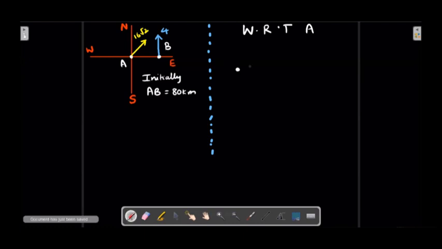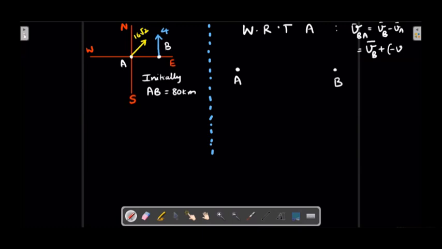So this is the position A, this is your position B. Now with respect to A, velocity of B with respect to A is equal to velocity of B minus velocity of A, all bars obviously on top, which is also equal to velocity of B bar plus negative vector of A bar.